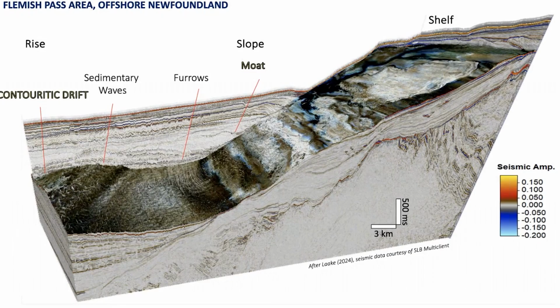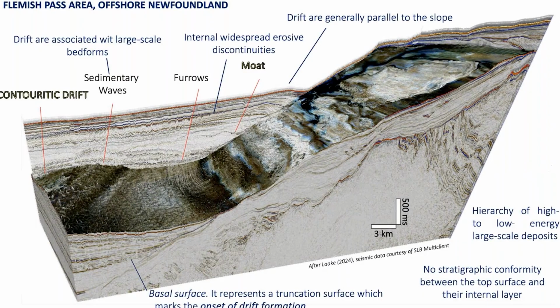What about the criteria? Here you have this nice example from Newfoundland, and there are some basic criteria. For example, drifts in general are parallel to the margin, parallel to the irregularities. Internally, there is an upslope or upper relief migration of the deposits, but there are others. Normally, there is a key or basal surface that usually is an erosional surface.